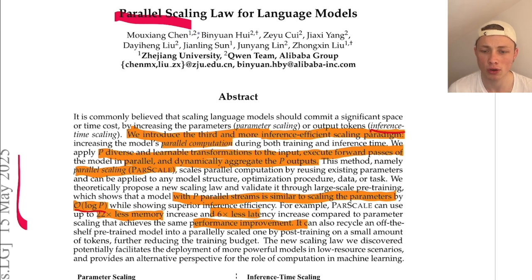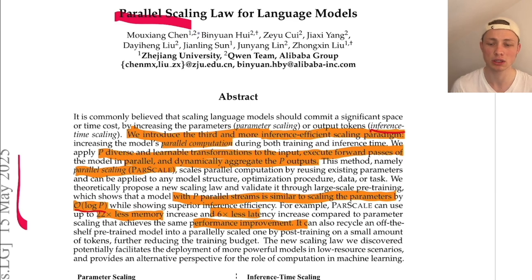And now the authors are introducing a new scaling law called parallel scaling, where the model uses parallel computation. So the overall idea is that we are not increasing the parameter size of the model, but we're using the model more times on the same input, but not on the completely same input. We do a learnable transformation before it, and then we feed this into our model, and then we get more outputs.